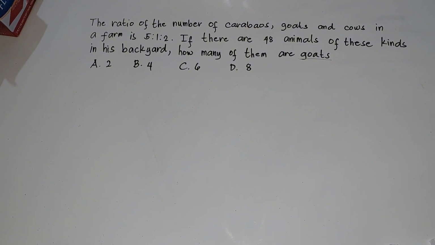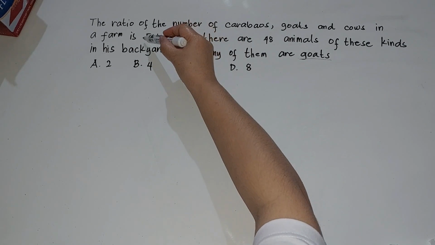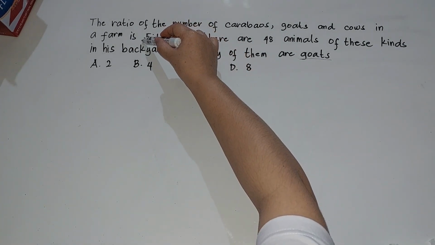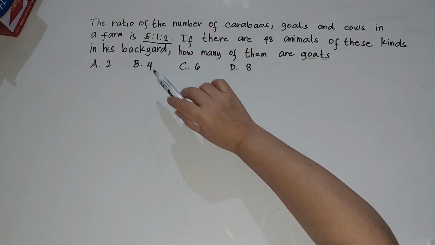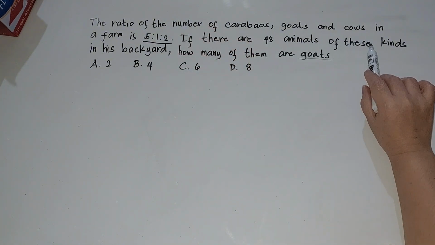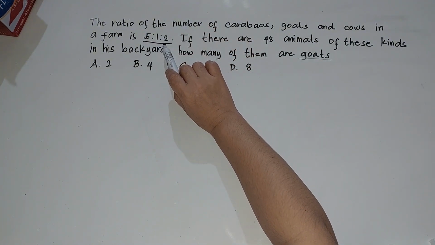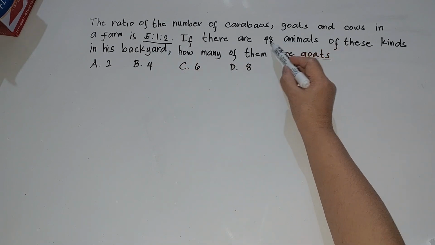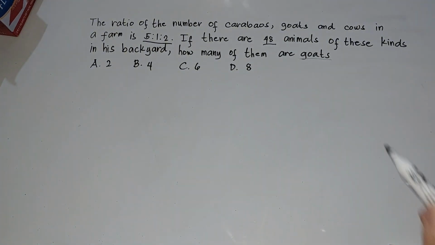What are the given? The given is the ratio of the carabaos, goats, and cows, which is 5:1:2. And we also have the total number of animals, which is 48.